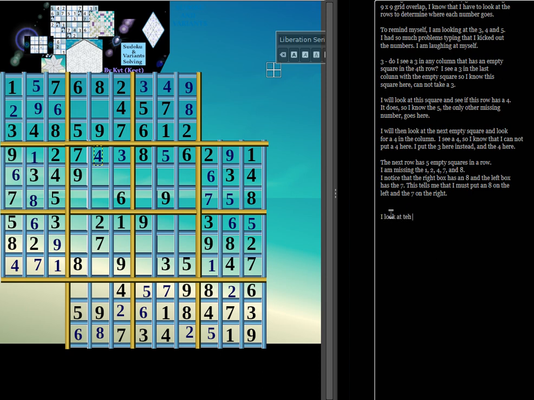I look at column 5 and look at the column for an 8.